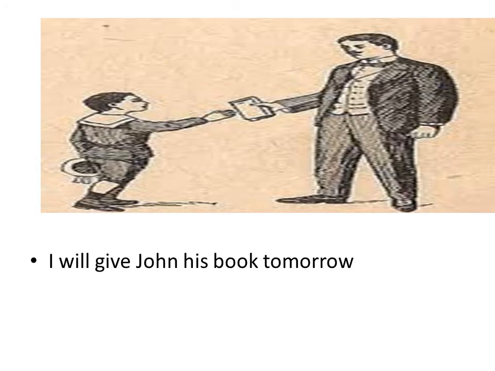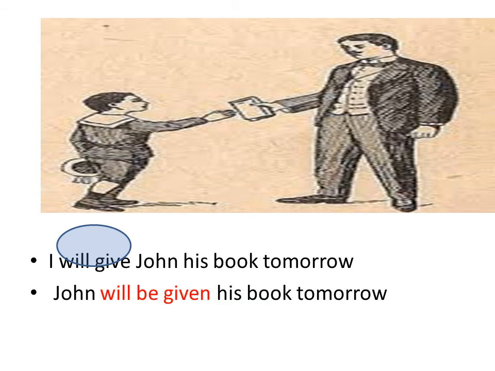Next example: I will give John his book tomorrow. So here I should pay attention to my subject again. Here I have the subject, I; I have will; and I have my verb, the infinitive give; and the object, John. So of course, John will be given his book tomorrow.